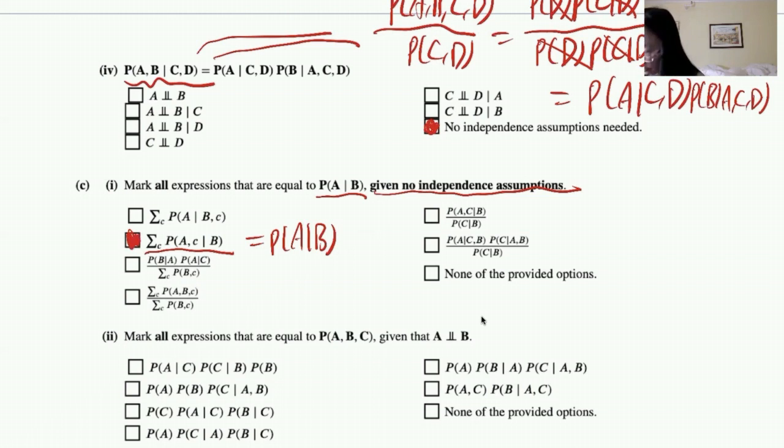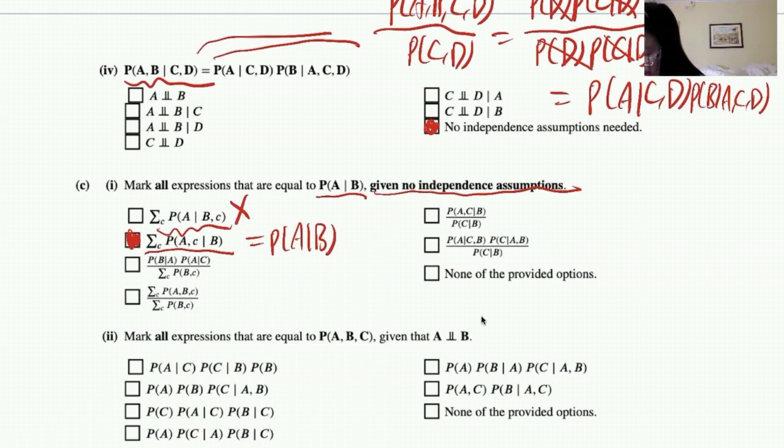Then for the first item, it could not be correct because here the probability is conditioned on additional things.